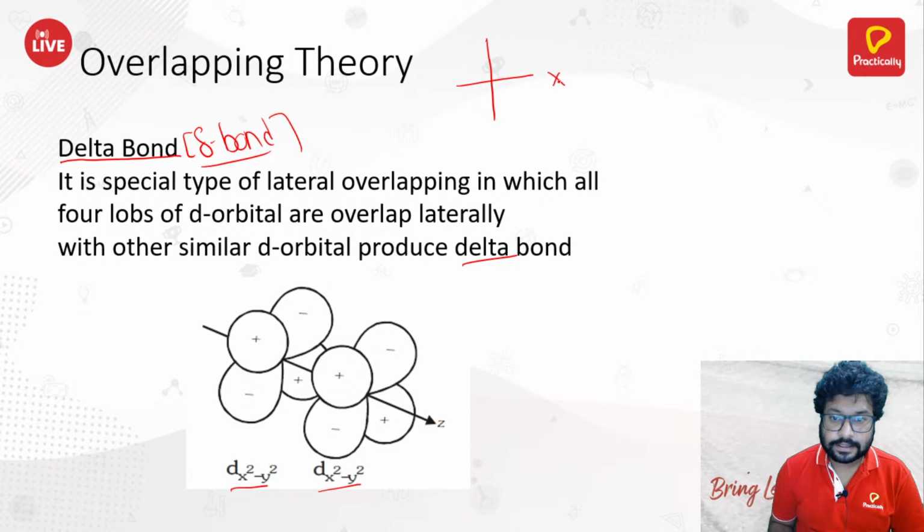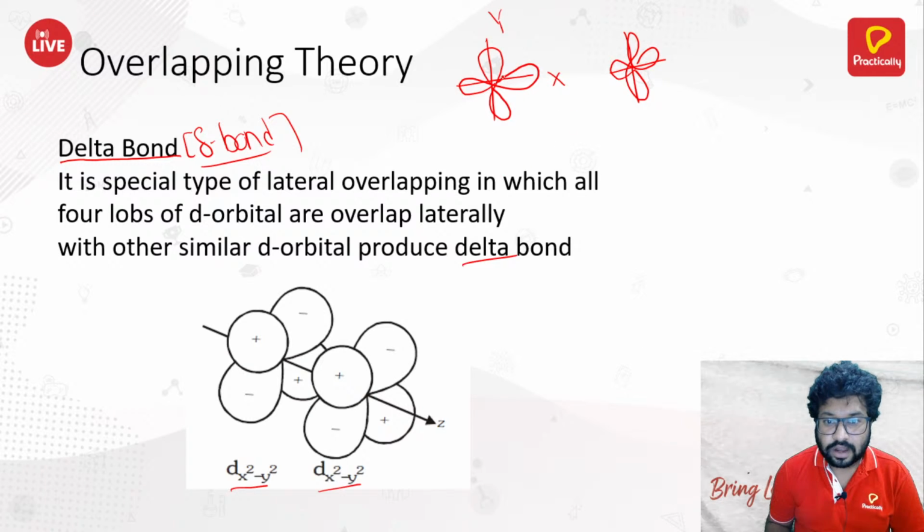This is your x and this is your y. Electron density is like this. Then you have another dx square minus y square. I cannot show you here, but if you take the opposite side of this and opposite side of this, they will overlap from that side. That's how they overlap laterally.